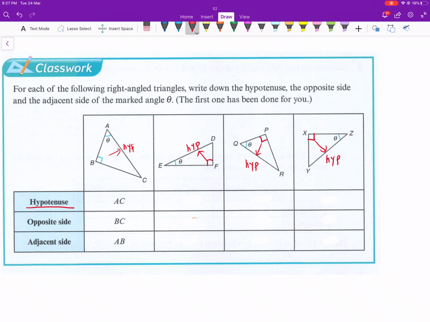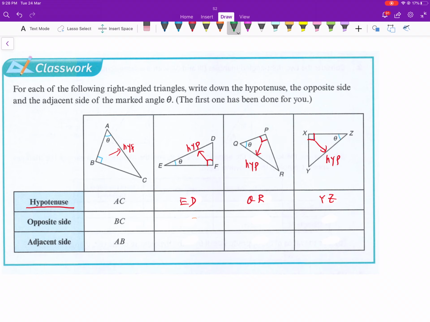So it is quite easy to recognize the hypotenuse as the side opposite to 90 degrees, right? So the hypotenuse is ED, QR, and then YZ.